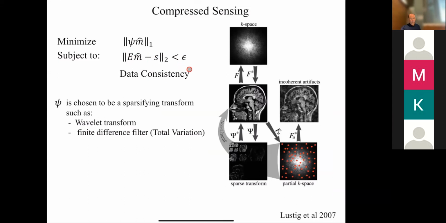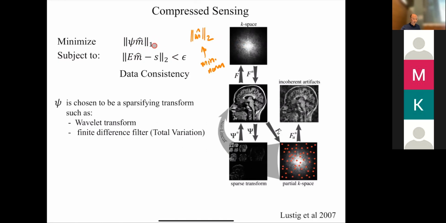That better solution, instead of minimizing the norm, which would be typically minimizing the 2 norm of M hat, which is what the minimum norm solution would be, and that's the solution that gives me aliasing. I apply a different one, where now I'm minimizing the L1 norm of phi times M hat.